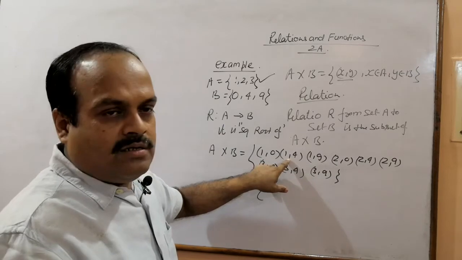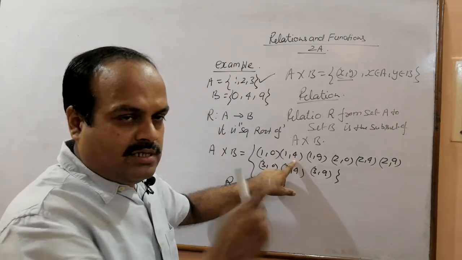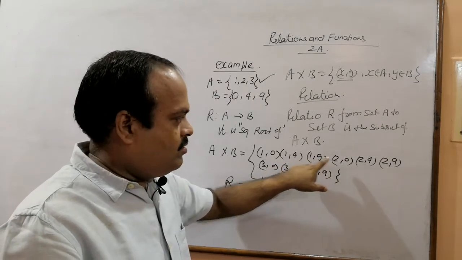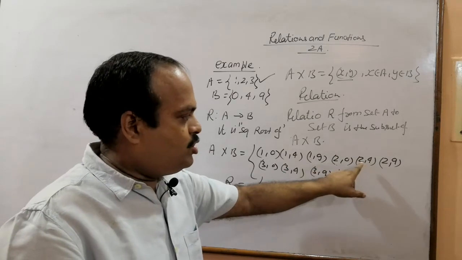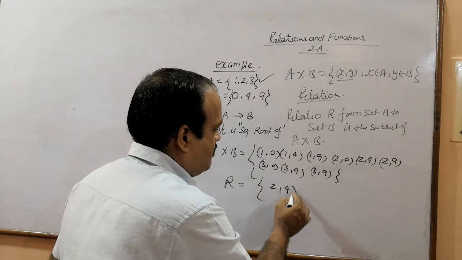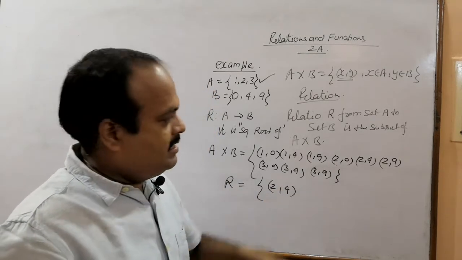Come to the second. Is 1 the square root of 4? No, it's not satisfied. Is 1 the square root of 9? No. Is 2 the square root of 0? No. Is 2 the square root of 4? Yes. So (2,4) will be in this relation R.